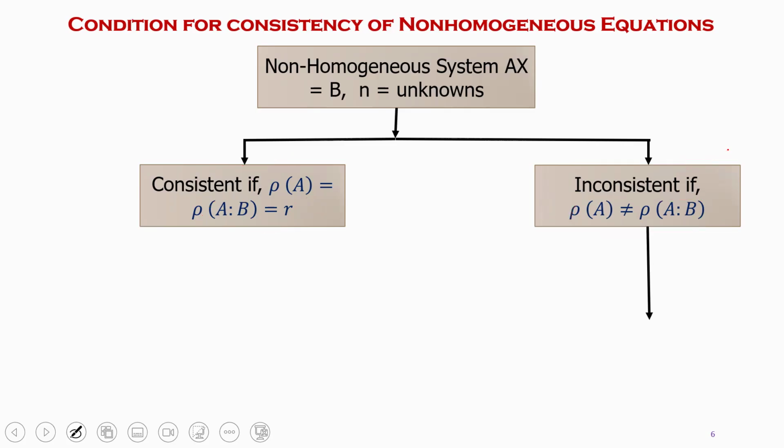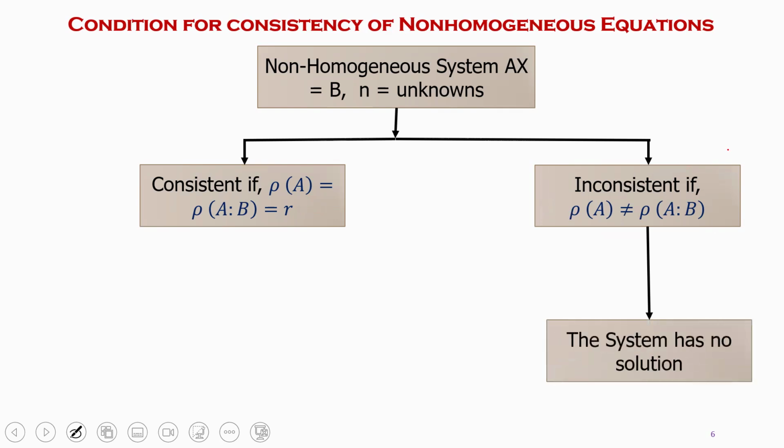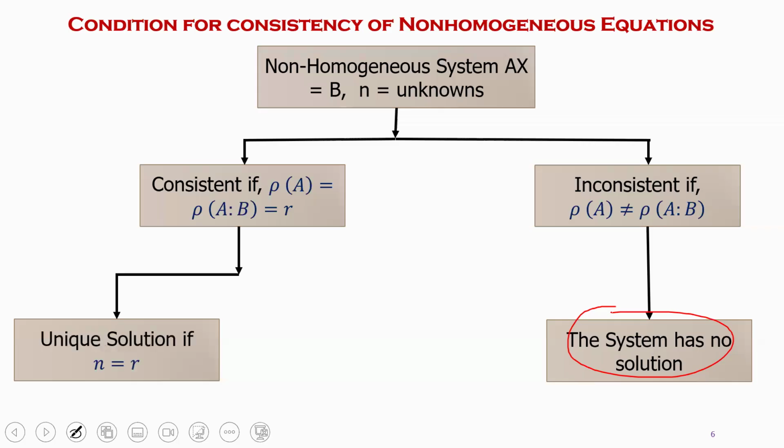Again, if the system is not consistent, then we don't have any solutions. So the system has no solution. Now, if the system is consistent, then we have two situations. The first situation is a unique solution: if the value of n and the rank of A and the augmented matrix are all the same, we get the unique solution.